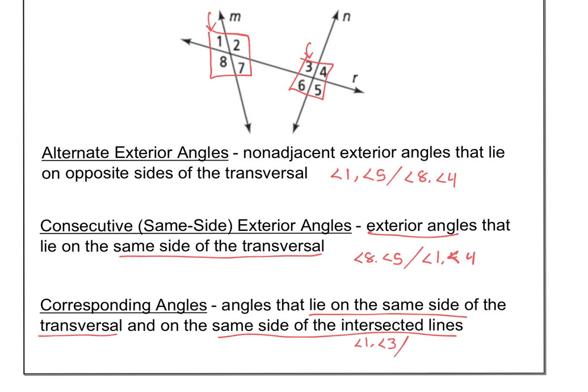Another example would be angle 2 and angle 4, because they are both in the top right corner of their little boxes. And of course the other ones are angle 8 and angle 6, as well as angle 7 and angle 5.